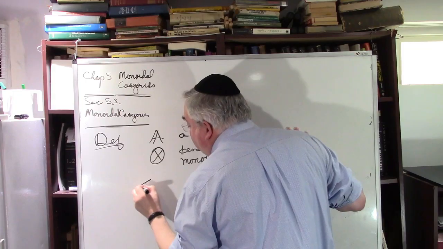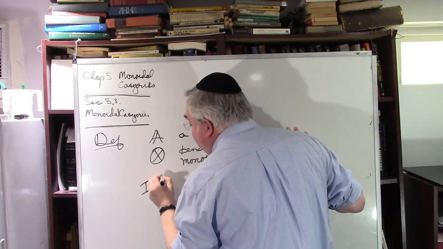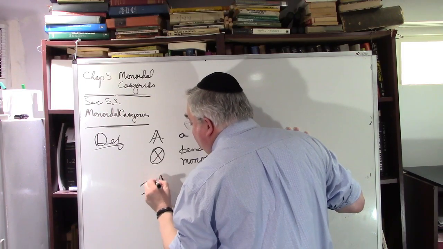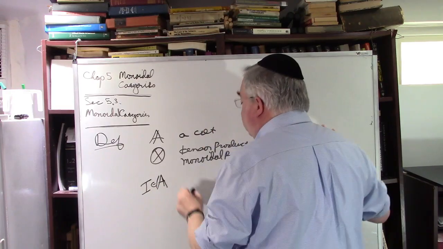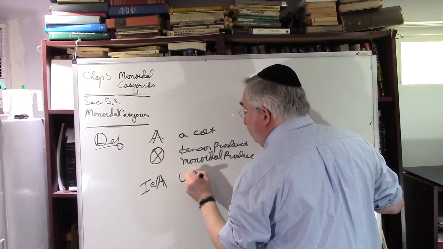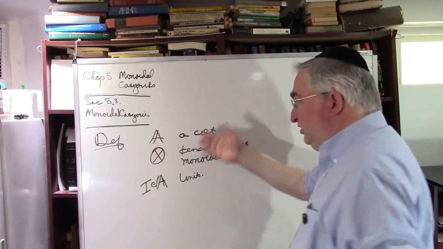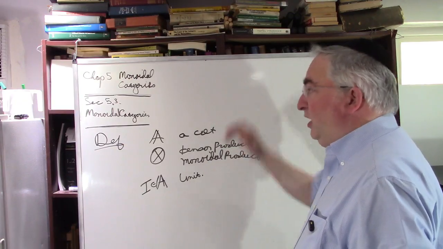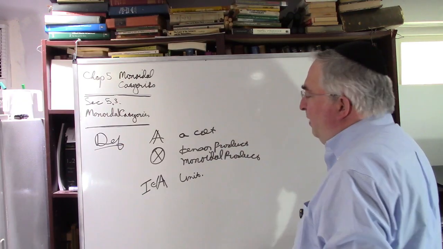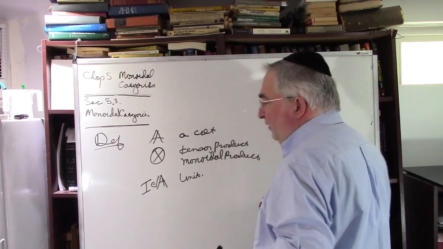It's got a unit, an element in A, which we'll call a unit, but we have to show what it means to be a unit. So this is just like a strict monoidal category.